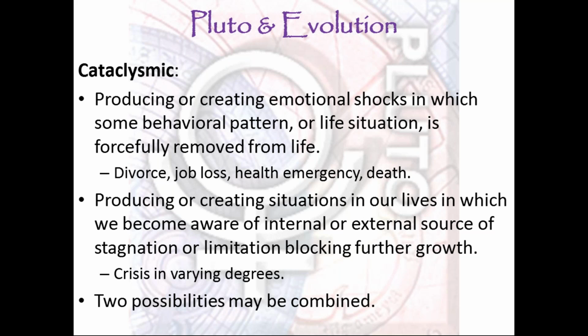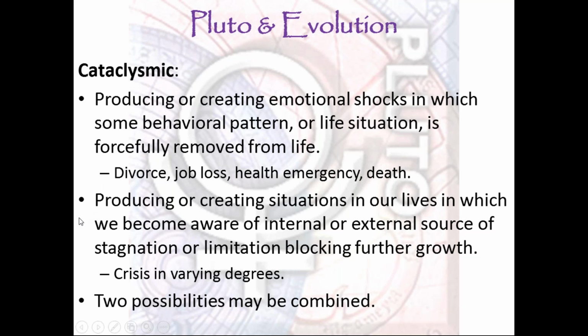The second way is we can produce or create situations in our lives in which we become aware of an internal or external source of stagnation or limitation blocking further growth. And it will create a crisis in various ways. To use the example of, say, a divorce, in the first case, it's usually the partner leaving us.